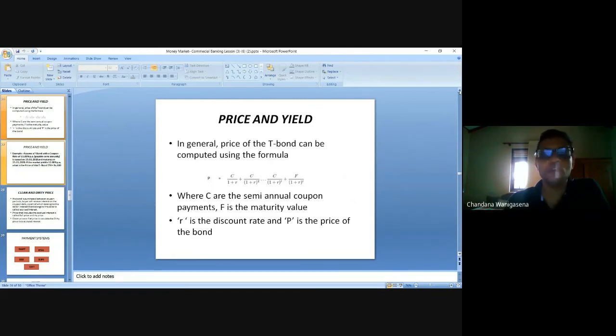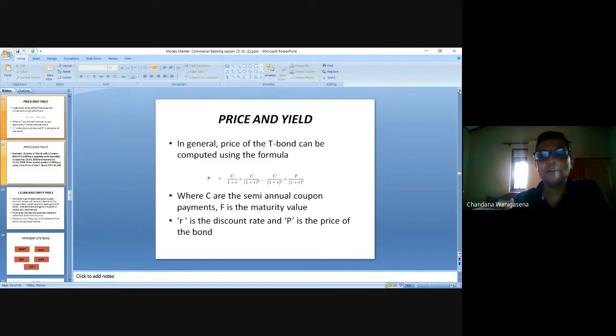So C is the coupon. The price of the bond is equal to C divided by 1 plus r, the present value of the first coupon, then the present value of the second coupon, the third coupon, and so on till we get the final coupon.